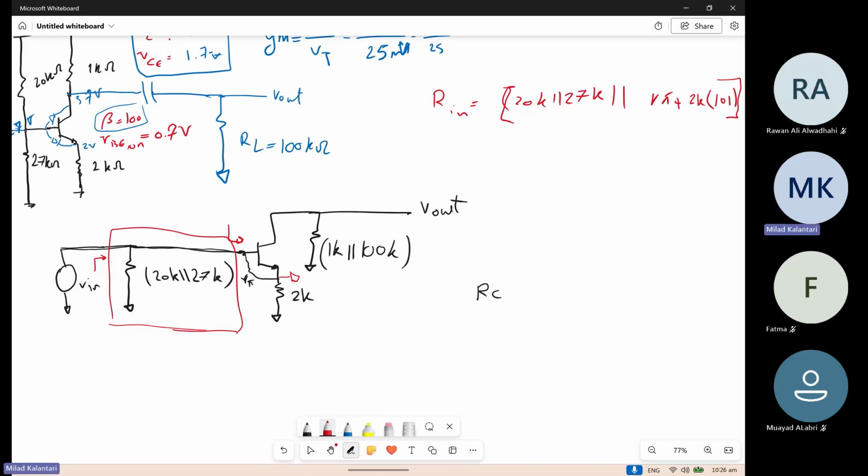Then how about the gain? Can you tell me? 100K over Rin. I roughly say these two are just 1K, because 100K is much larger.